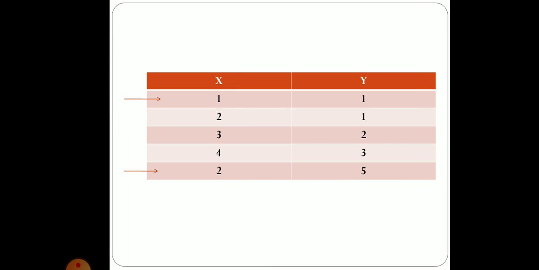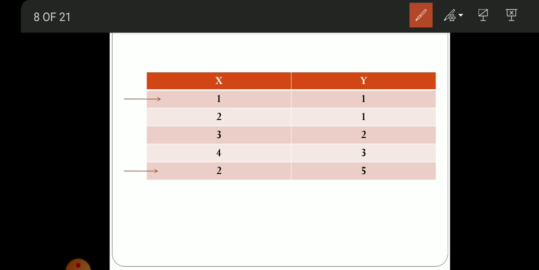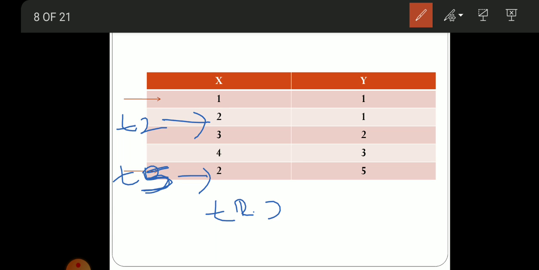If we take these two tuples, you have to consider tuple number 2 and this one, which according to the rows, 1, 2, 3, 4, 5, is tuple number 5. Now consider t2.x equals t5.x.